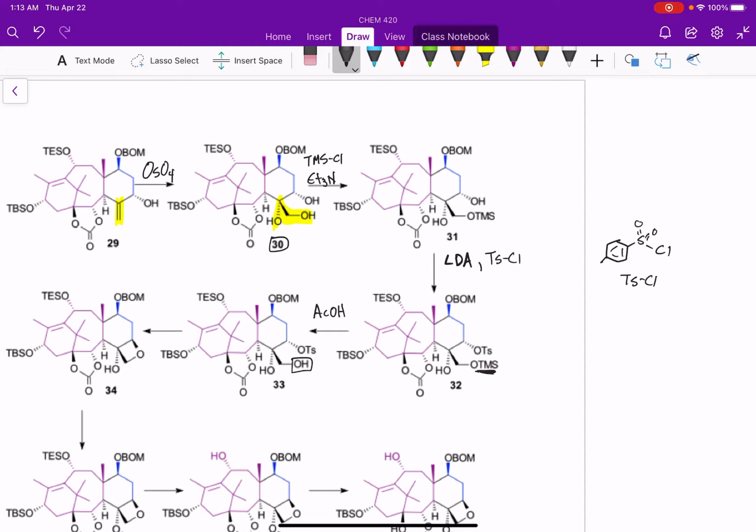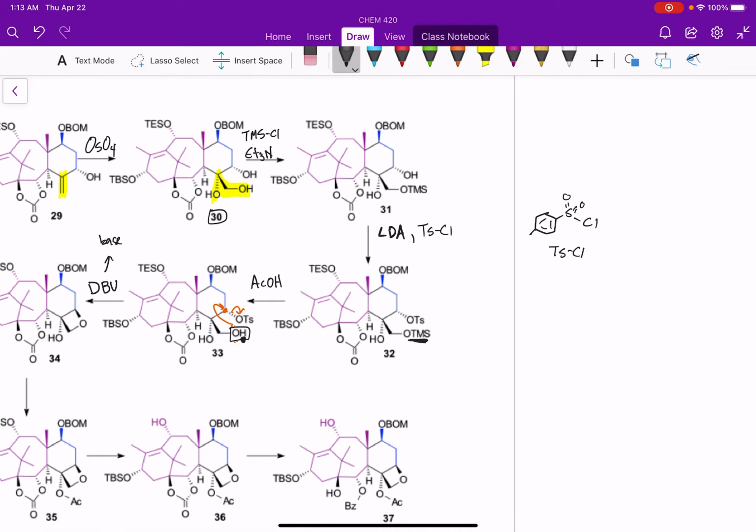And now really what we're looking for is this primary alcohol to attack this carbon here, kicking out our OTs as a leaving group. And they do that by actually adding a base, DBU. DBU is a good nitrogen base that will deprotonate that hydrogen, allowing the alkoxide, the O-, to do the SN2 attack.